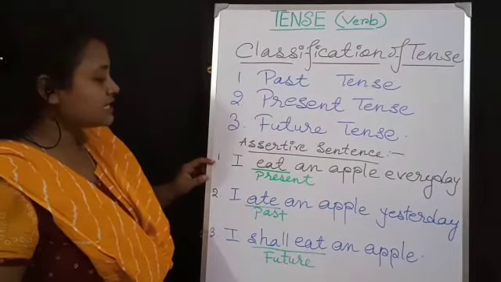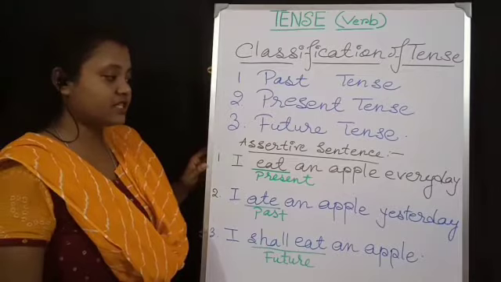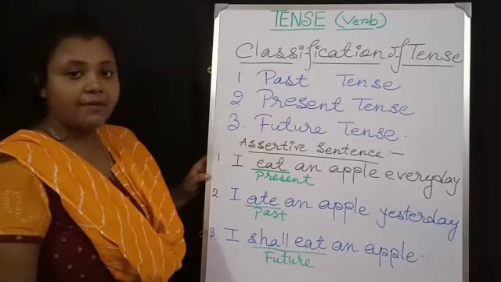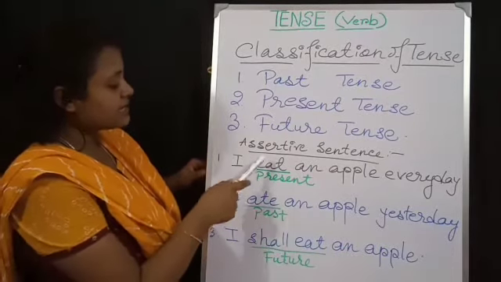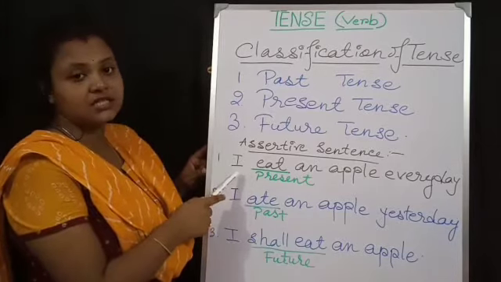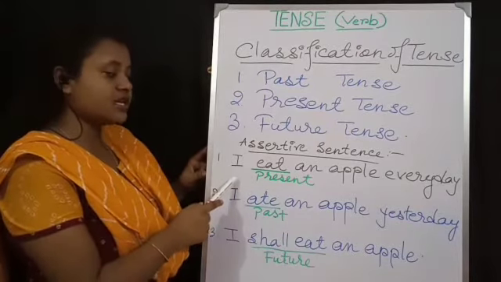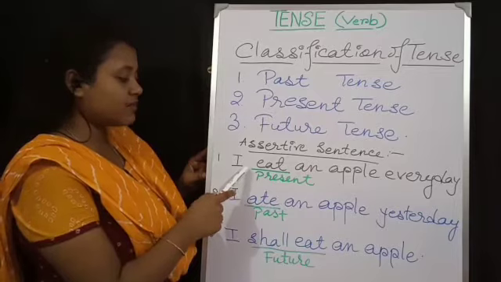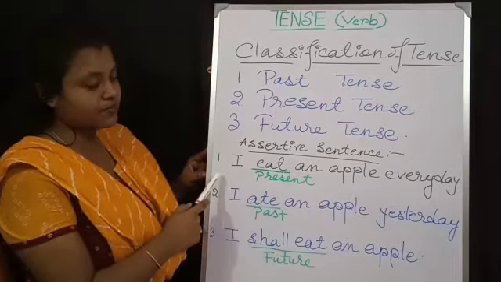See, in the first sentence, I eat an apple every day. I told you this is a habitual fact. The main verb over here is eat, so the sentence is written in present tense.